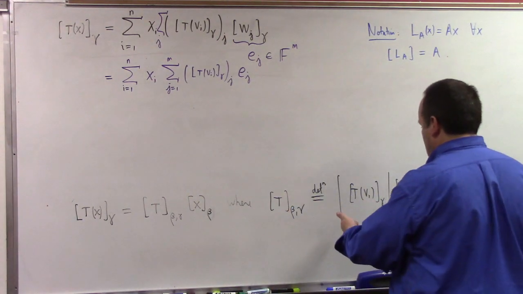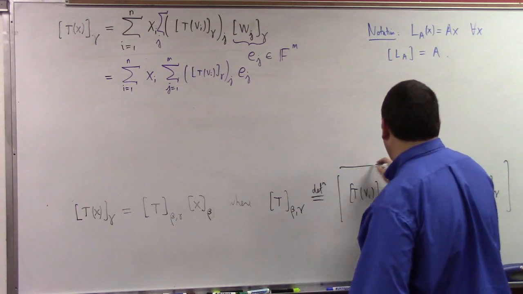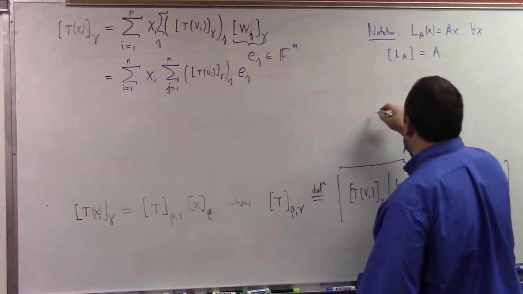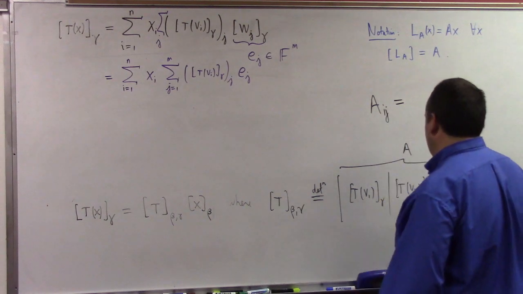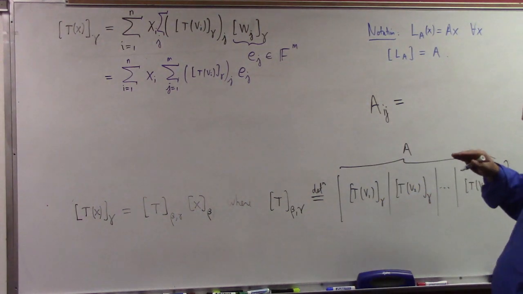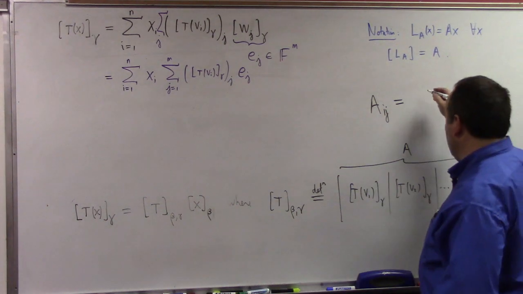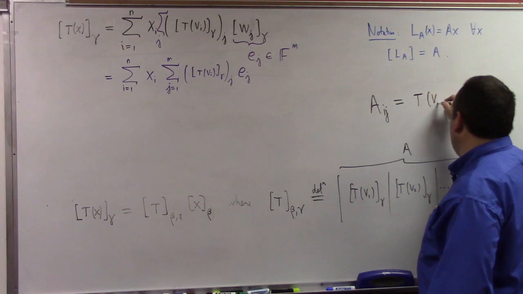So if you look at this, right? If I call this matrix A for the sake of discussion, what is Aij equal to? If I'm in the jth column, we're looking at what? T of Vj, right?